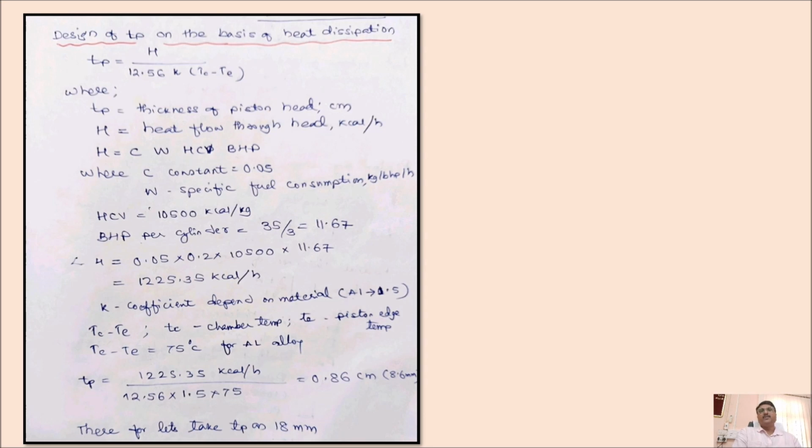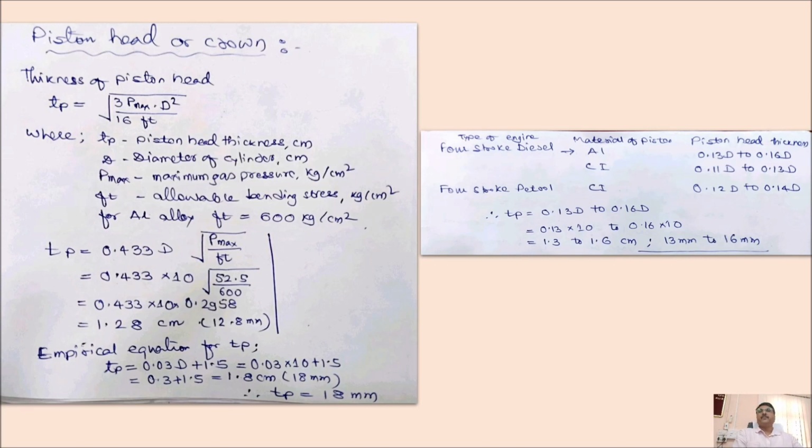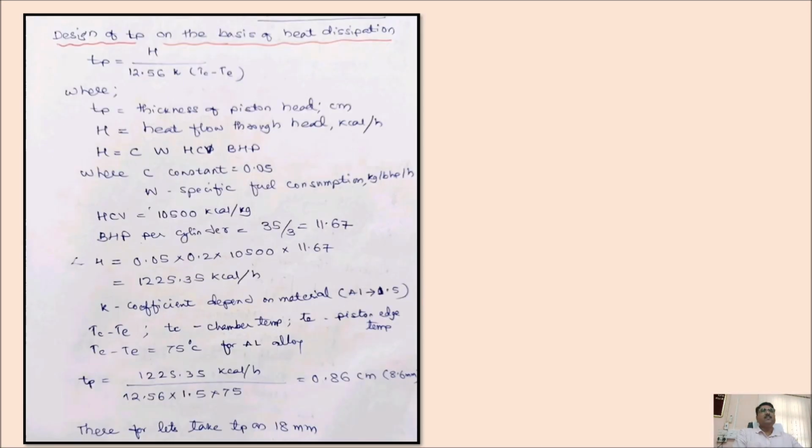So by using different criteria, the values are 12.8 millimeter, then 18 millimeter, then 13 to 16 millimeter, and with the heat dissipation criteria it is 8.6 millimeter.